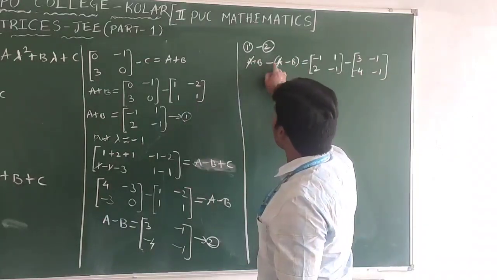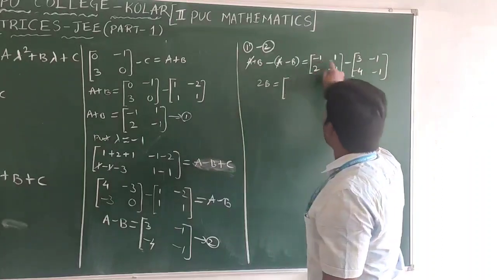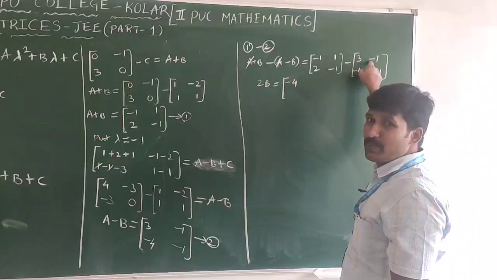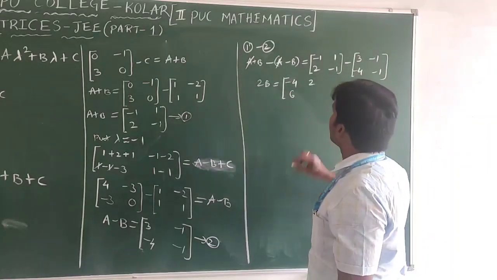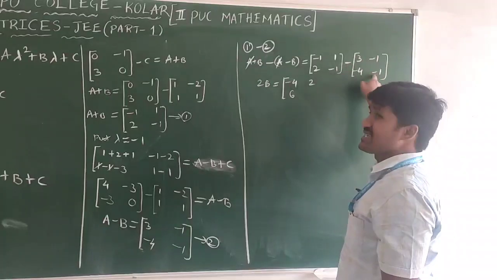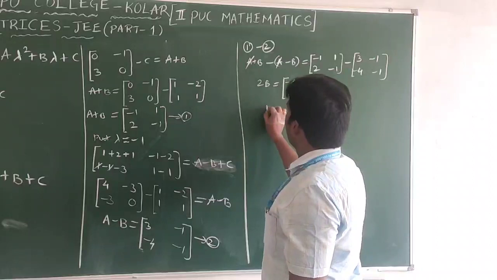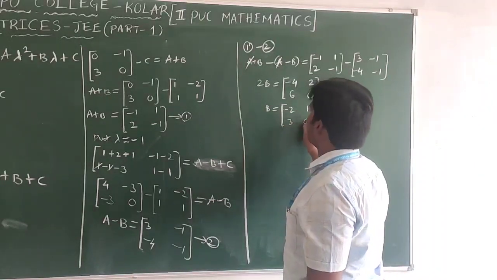Here A gets cancelled, total 2B equal to [minus 1 minus 3, 1 plus 1; 2 plus 4, minus 1 plus 1] which is [minus 4, 2; 6, 0]. Now divide by 2, B matrix is [minus 2, 1; 3, 0].